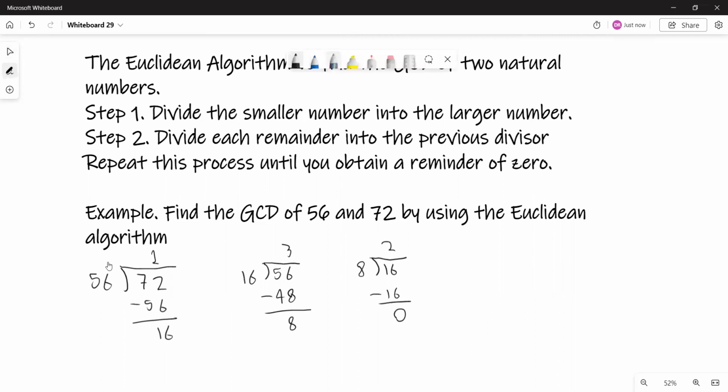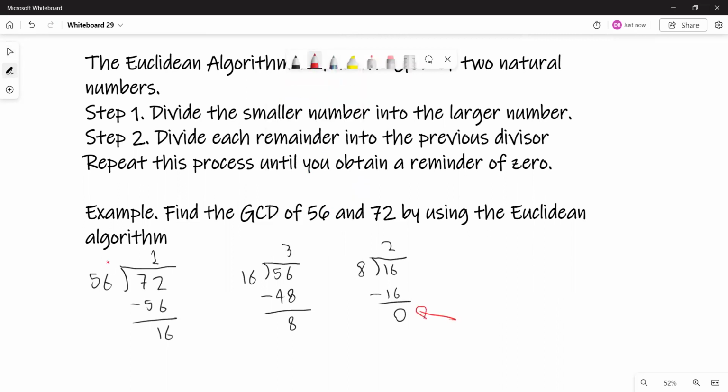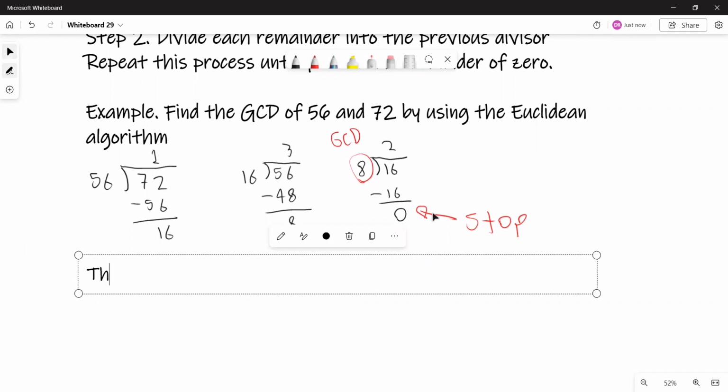Okay, so once we obtain a remainder of 0, we stop. And the greatest common divisor is going to be the last divisor. So this one is the greatest common divisor. Thus the greatest common divisor of 56 and 72 is 8.